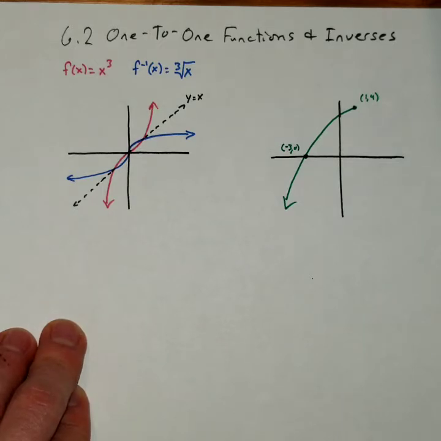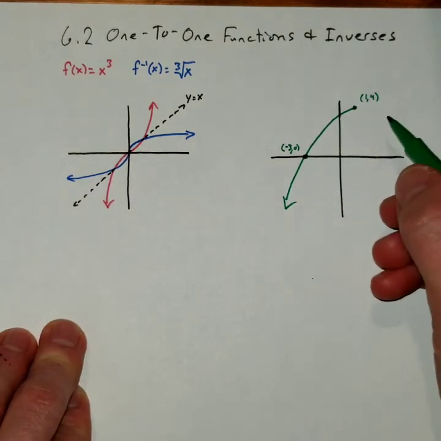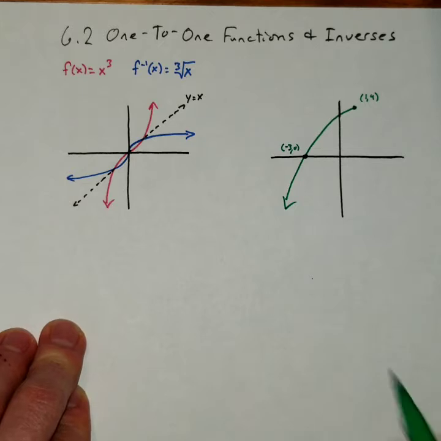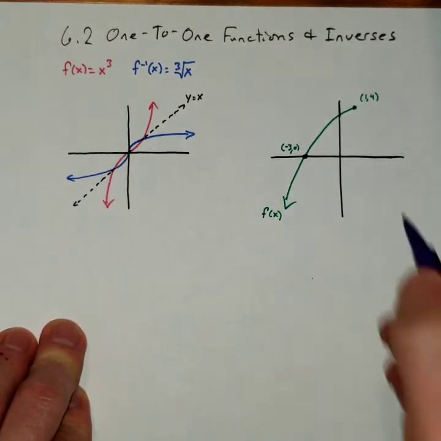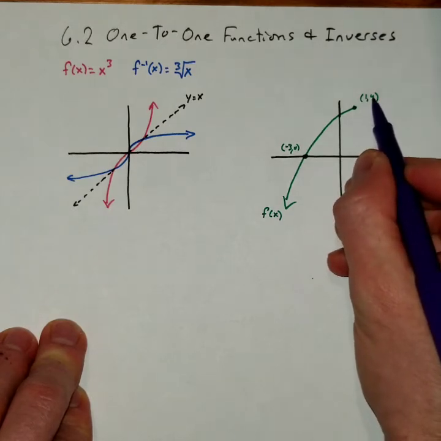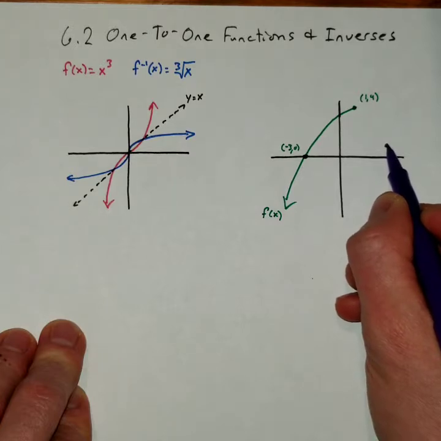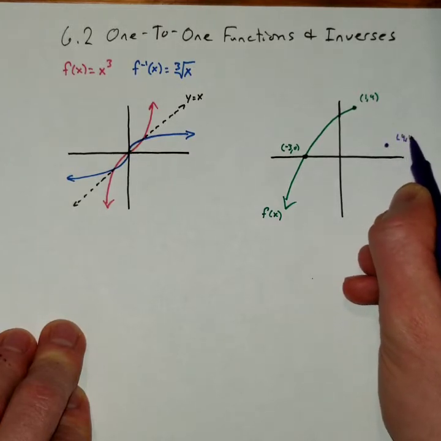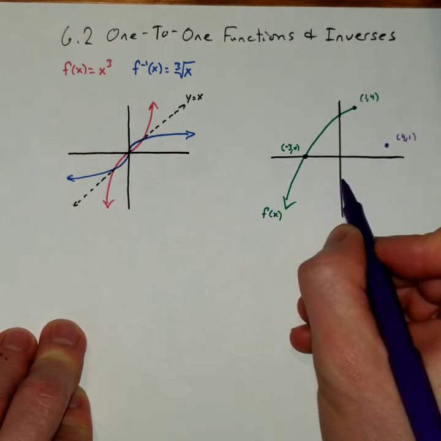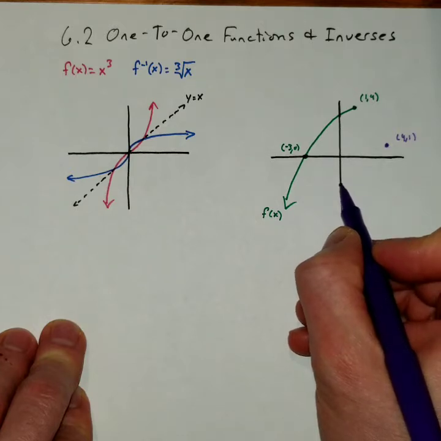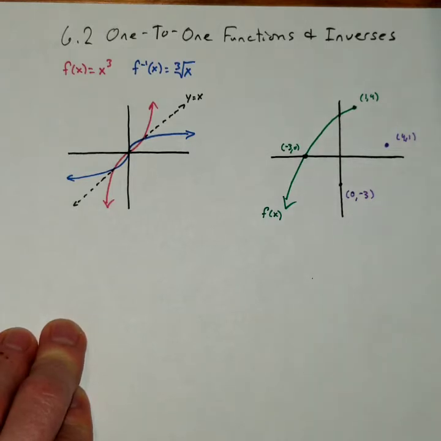Well, as soon as I know a couple points in the general shape, then I can find the inverse of this. Let's call this one f of x. Well, I can find its inverse by just interchanging the 2 points. So if 1, 4 is on the graph of f, then 4, 1 is on the graph of the inverse. And if -3, 0 is on the graph of f, then 0, -3 must be on the graph of the inverse.